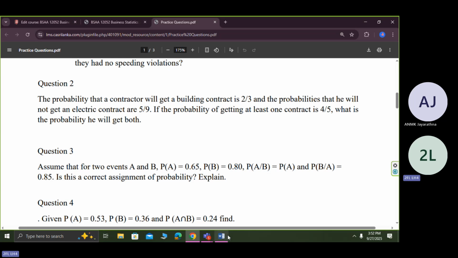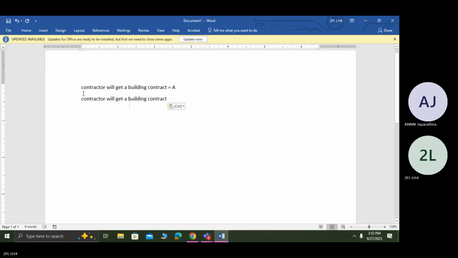Then we can say he will get an electric contract.